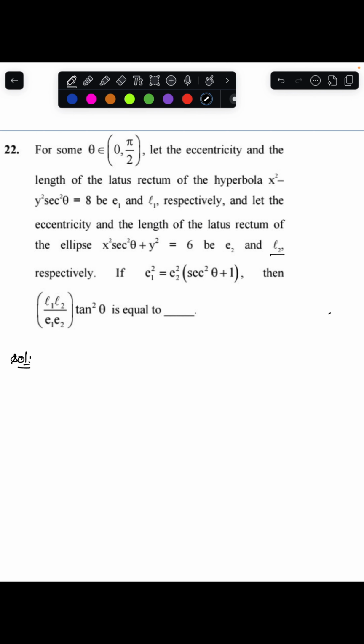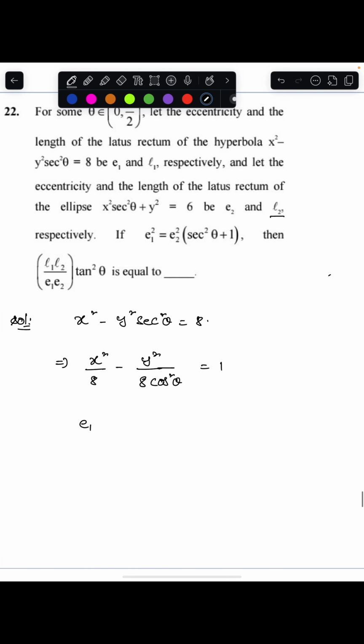So first one, the hyperbola is given: x square minus y square secant square theta equals 8. Can I write this one like this? x square by 8 minus y square by 8 cos square theta equals 1.